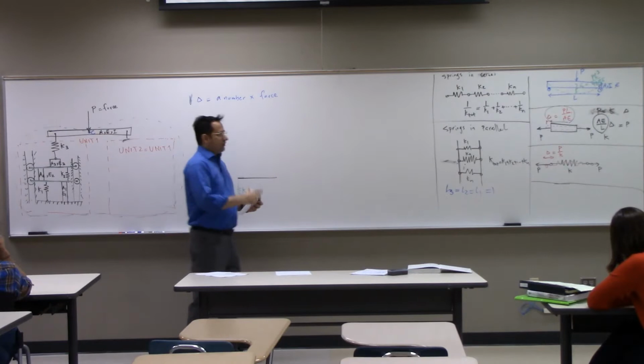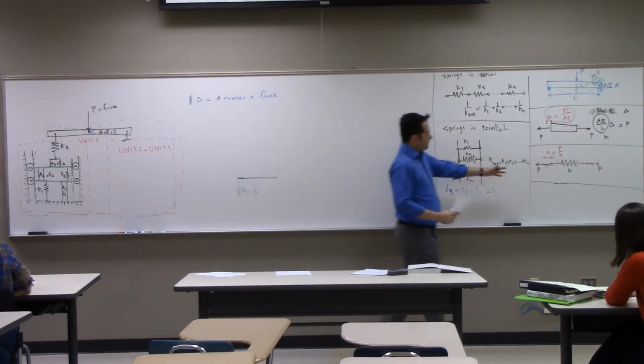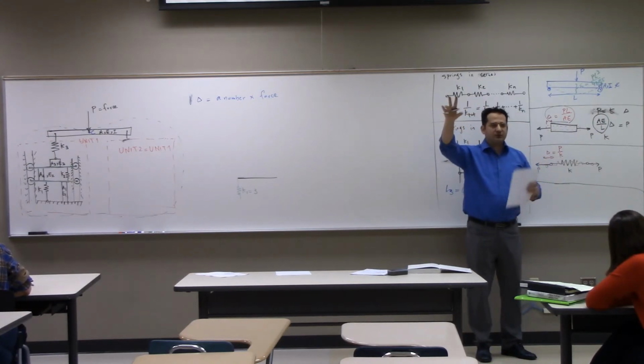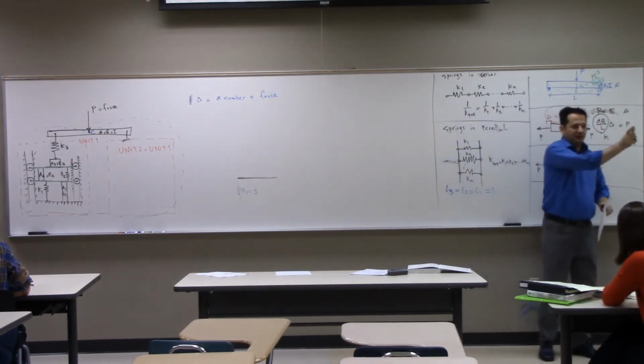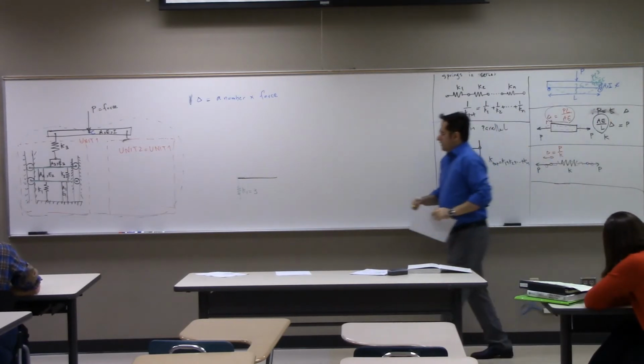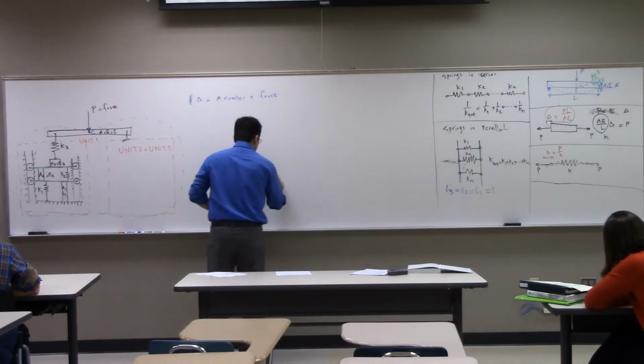So whenever you want to find the spring constant for whatever, you have to write that formula in the form of force equal to spring constant times deflection. Whatever that thing is, that's your spring constant. So here I write it for another spring.